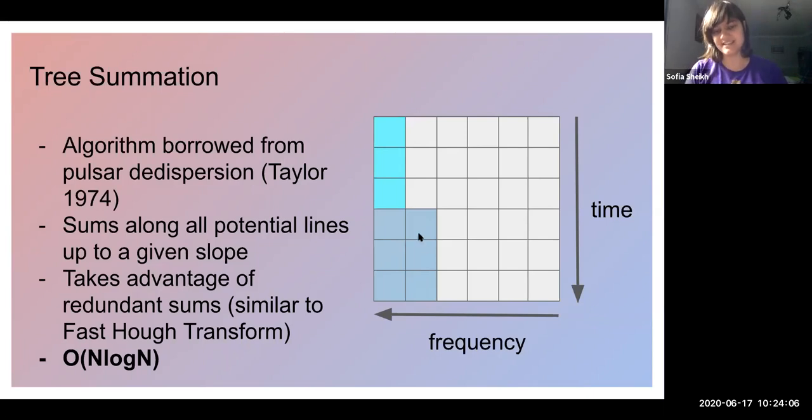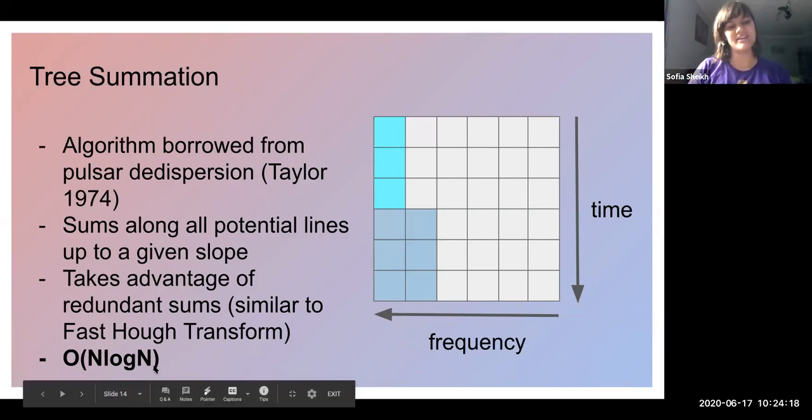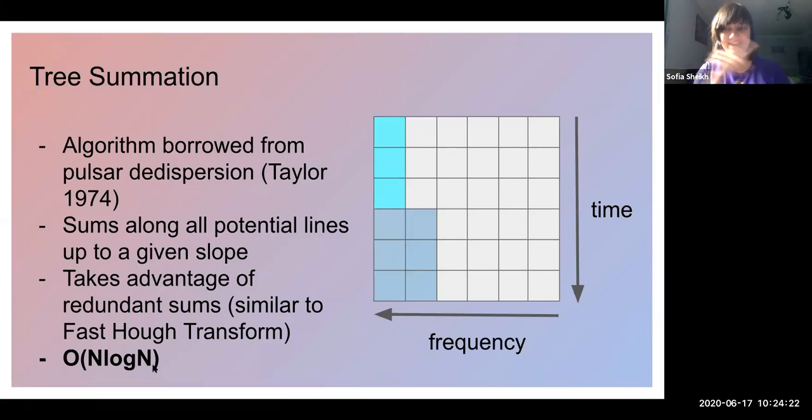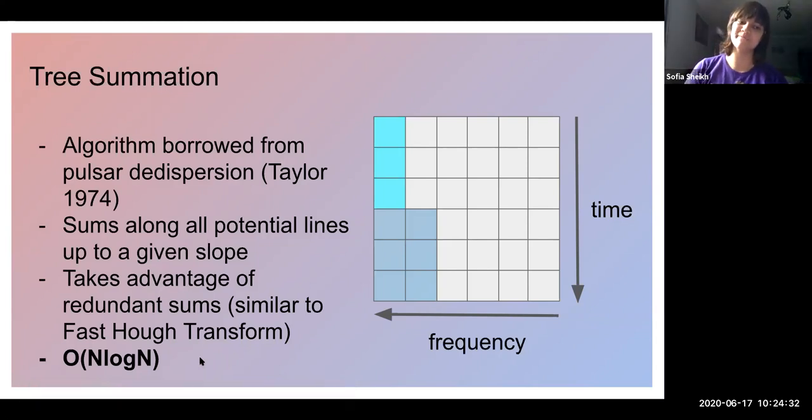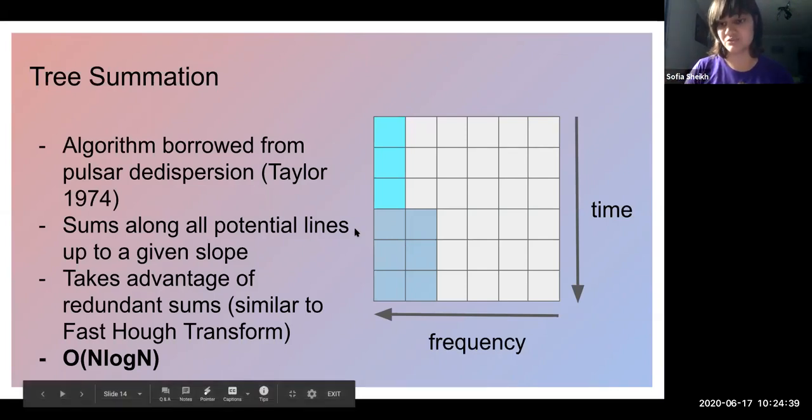And the nice thing is you've already summed those 3, right? You did it for the first column. So if you save that as a variable, then you can reuse it, and that speeds up your computation. So that means that you can take your tree summation algorithm from n squared in image size to n log n, which is really nice. And that kind of computational speed is the reason we use tree summation instead of Hough transforms when we're just searching a giant block of data in our Breakthrough Listen searches with TurboSETI.